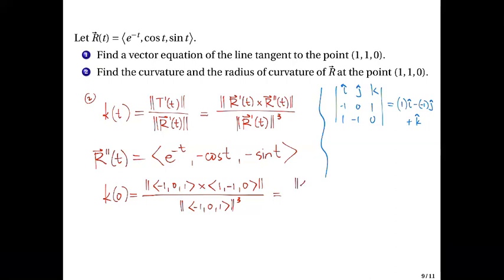So the magnitude of 1, 1, 1 divided by the magnitude of this. We have the square root of negative 1 squared plus 1 squared, and then we cube this. For the numerator, we have the square root of 1 plus 1 plus 1.